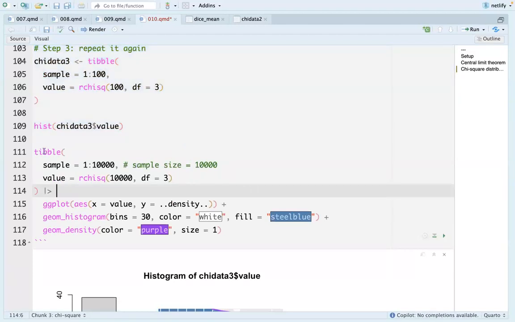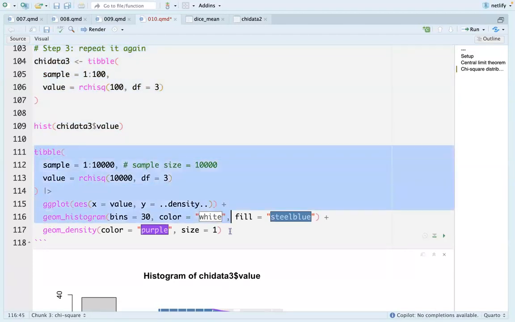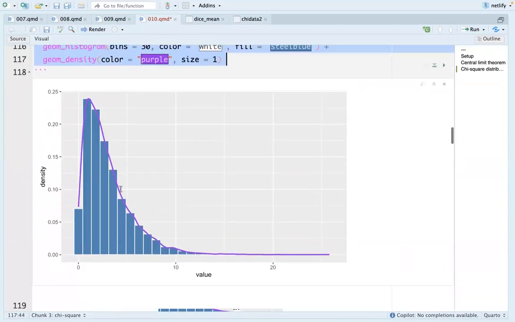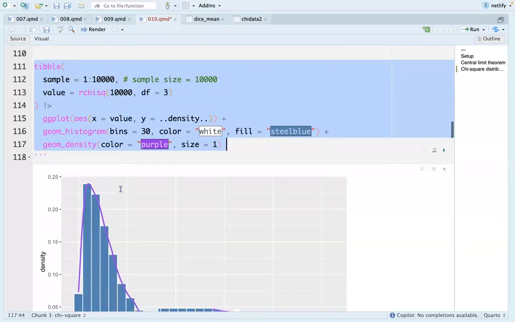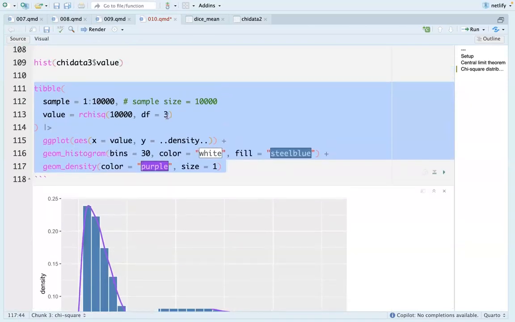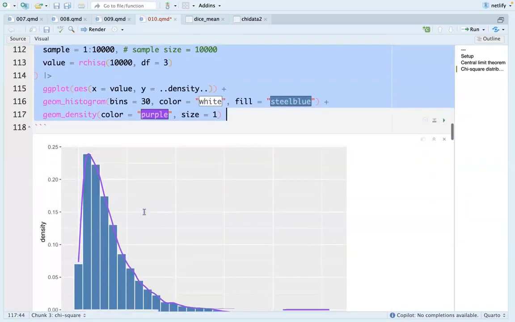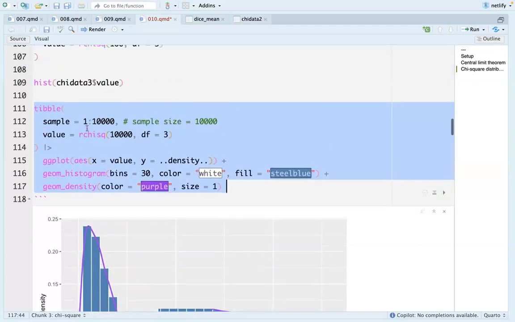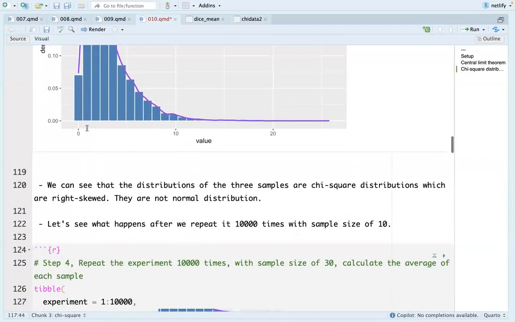So how about we change the sample size? Yeah, just as we showed, if the degrees of freedom is not as big as 30, it will be a typical chi-square with a non-right tail and the peak at the left side.